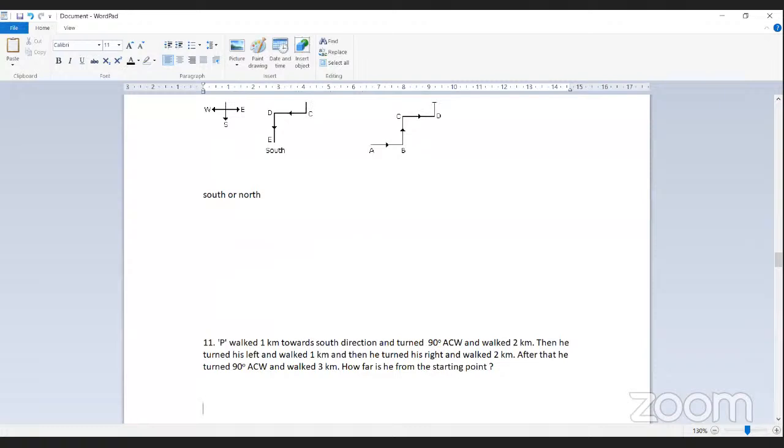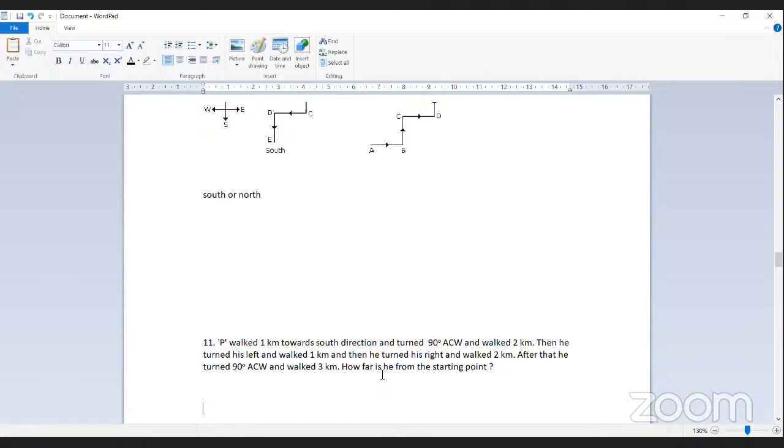Try this. It's a mixture of both types of questions. Was that 5 kilometers?